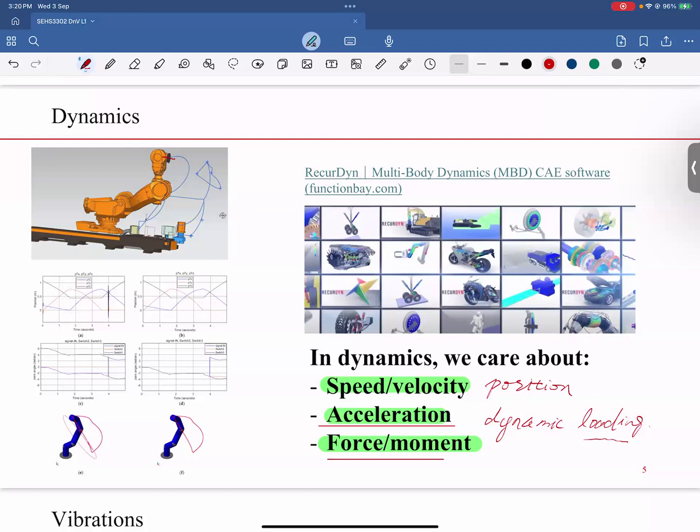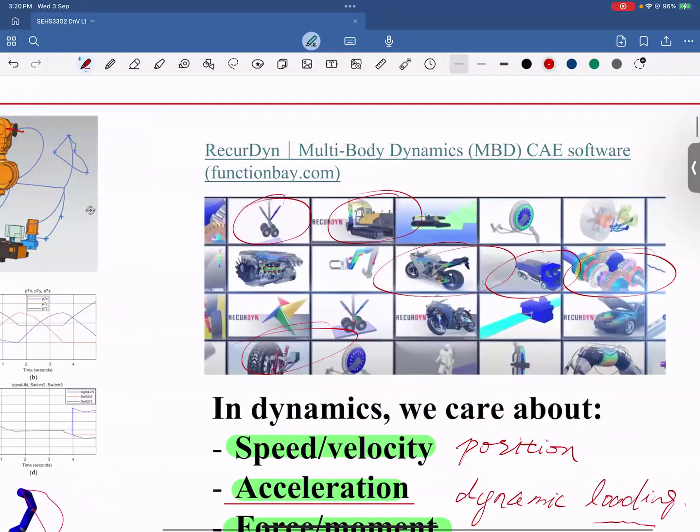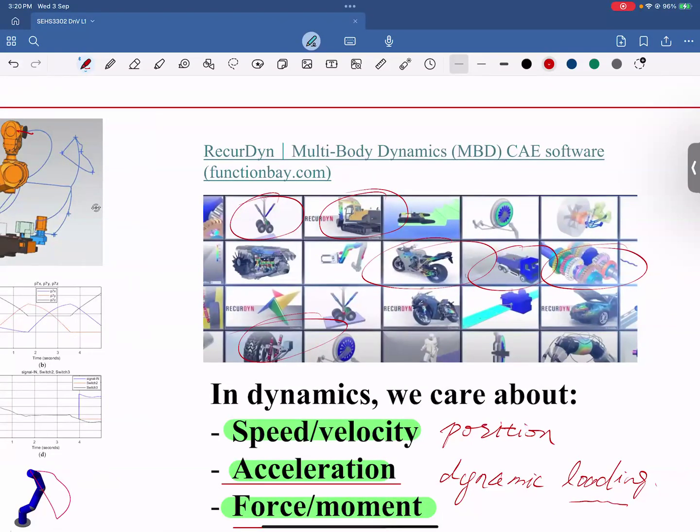Not just the robotic arm, but also the airplane, other machines, or motorbike, a truck, a gearbox. Everything, when it moves, we will talk about the dynamic properties of such a system. So as long as your design has a movement, we need to consider its dynamic system, a dynamic problem.